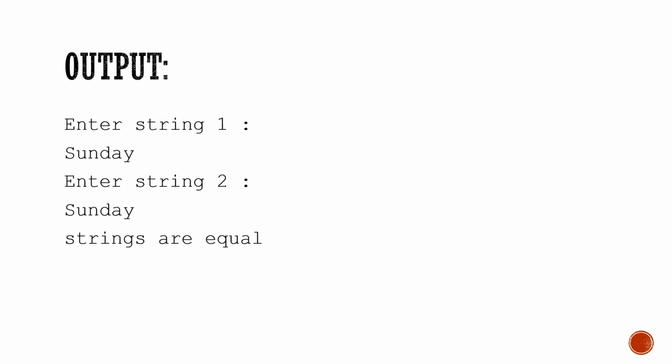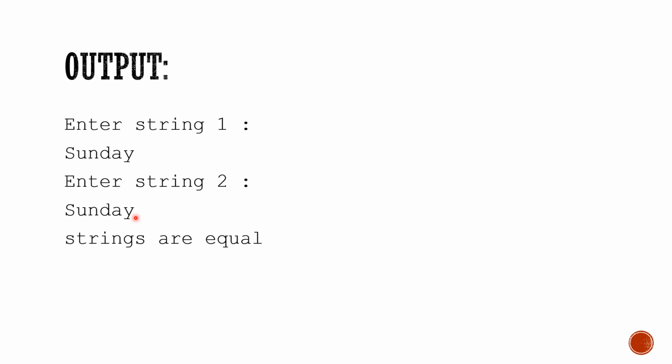Let's compile and run this program. The output will show enter string 1. Let's say we key in Sunday, so Sunday will be stored in str1. Then enter string 2. We again key in Sunday, and this Sunday will be stored in str2.